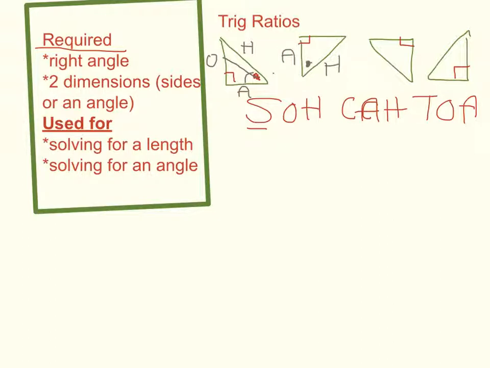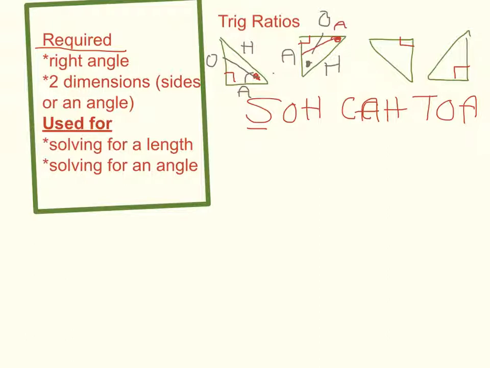Here I'll show an example of what happens if the problem requires us to find more than one piece, or they give us different angles for different reasons. If we had this angle here, this would no longer be the opposite. Now this side length on the top is attached to this angle, so this is now the adjacent.